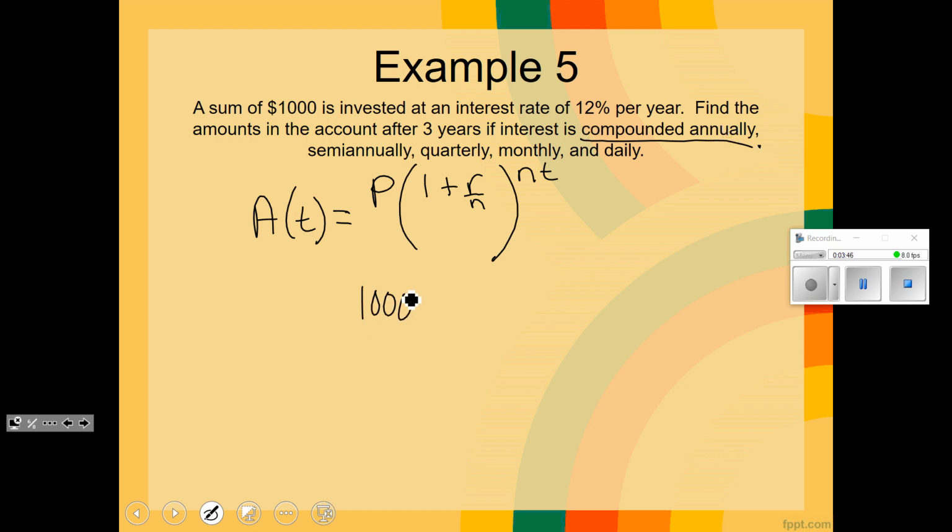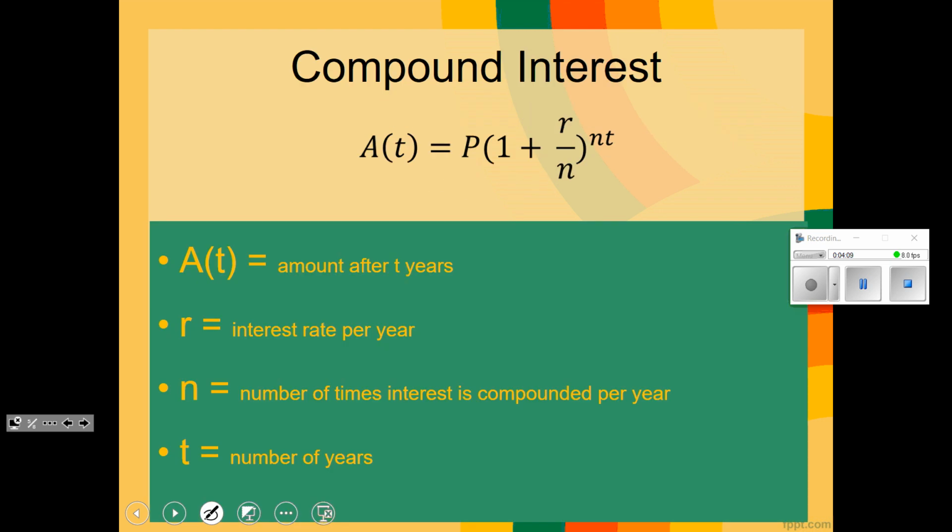So we're going to plug 1,000 here. 1 plus, what's the rate? Your 12%, that's your rate. Now, I'm not going to plug in 12, I'm going to plug in 0.12 divided by, what's N stand for? The number of times it is compounded per year, right?